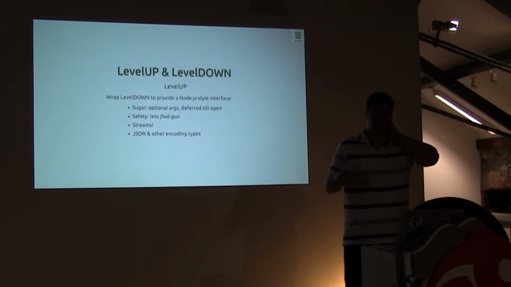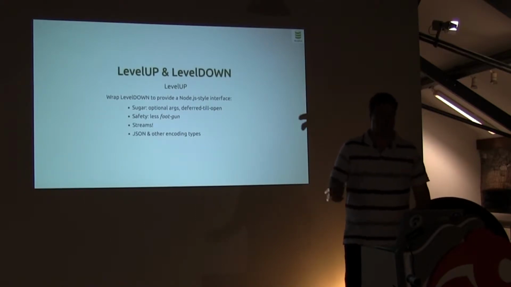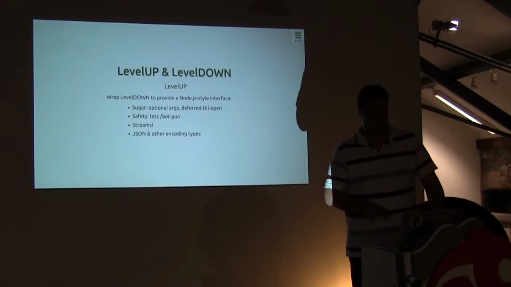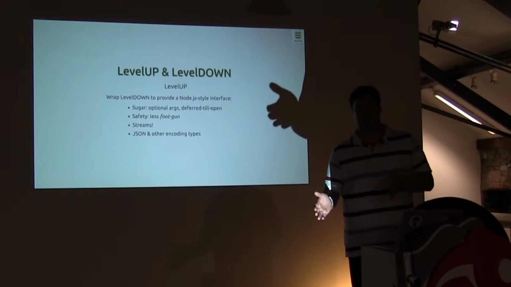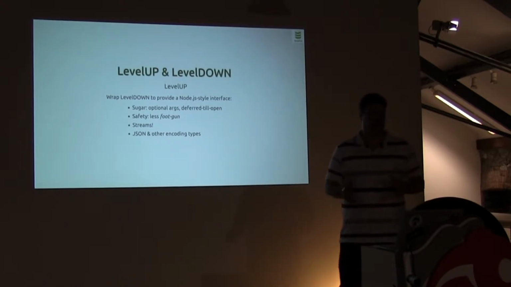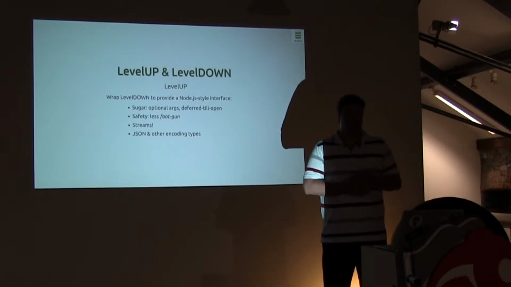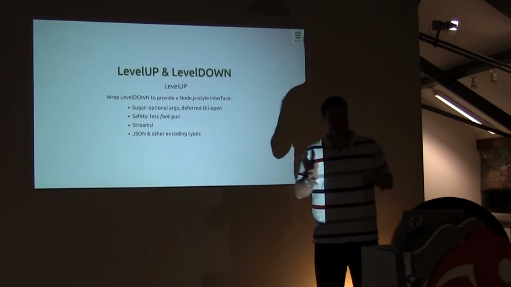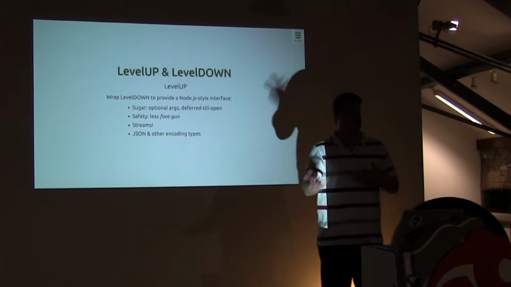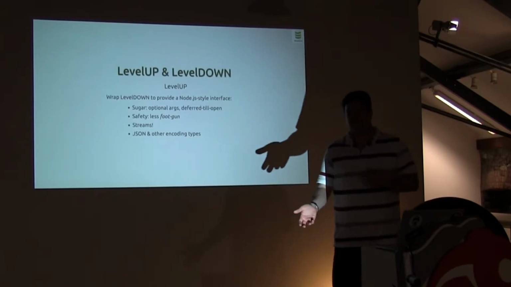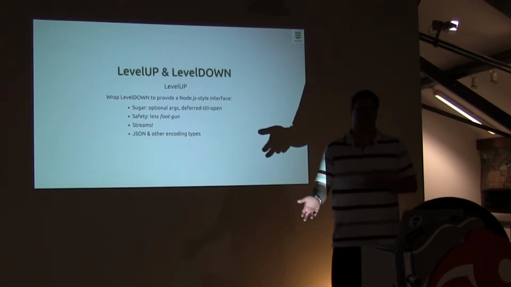LevelUp is the JavaScript layer on top of LevelDown, and this is the component that most people want to use. We've tried to make it a Node style interface, so it's got some of the similar characteristics to Node calls. It's got lots of sugar, so you've got optional arguments, you've got optional callbacks. So when you're putting a value, for example, you don't actually have to give it a callback if you don't care when it's put in.